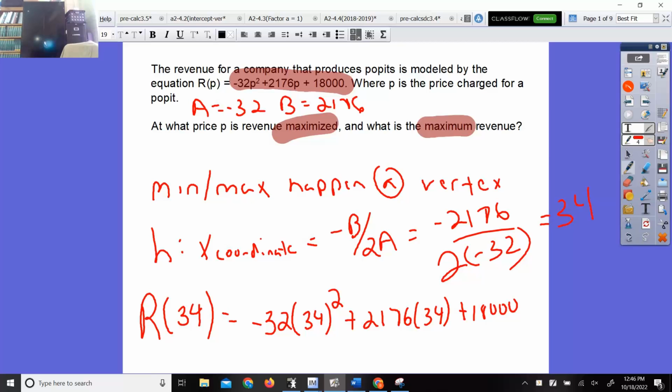So you plug in a 34. I would never ask you to do this on a calculator in your possession. What is the maximum revenue for this company by selling copies? Well, what did you get, Thor?